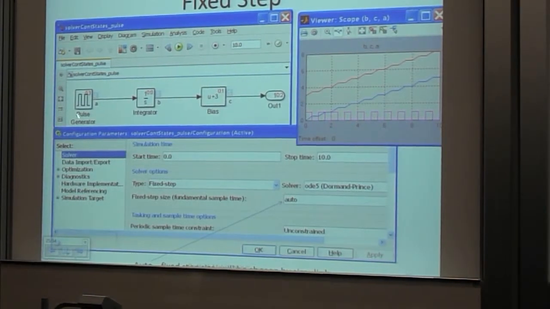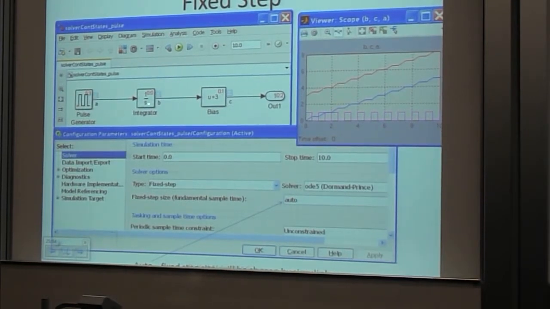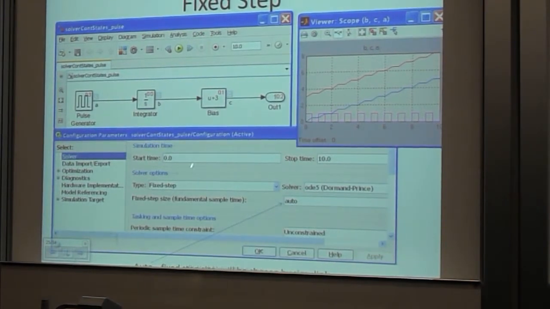So here's our model, our pulse generator, our integrator, and our bias. Needless to say, you run through, here's your pulse, that's the integral of it in blue, and then you add 3 to it, and you get your final output there in red. Now when you go to configuration parameters and look at the solver, I'm specifying a fixed step solver.